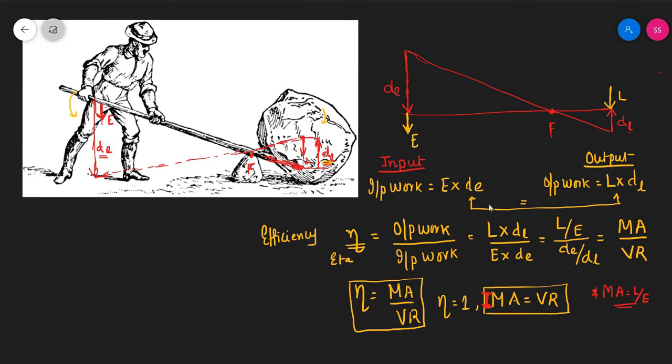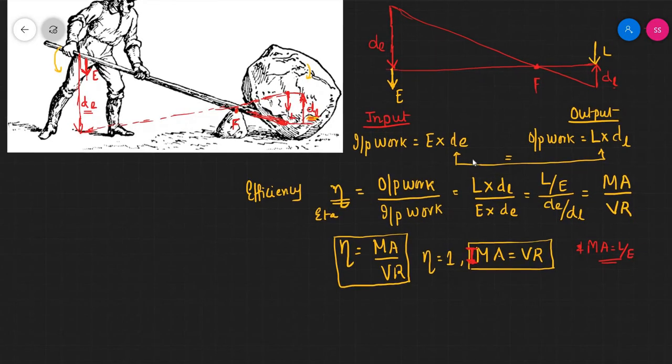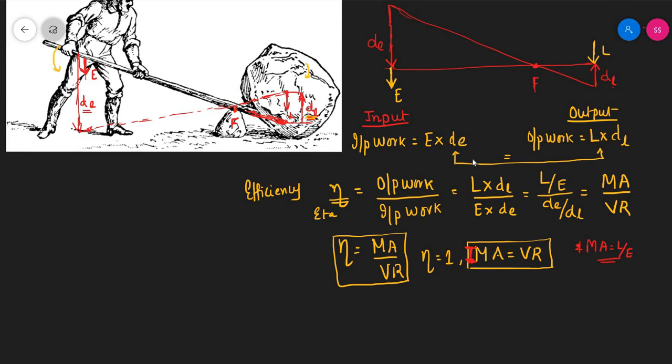Okay, so now let's use this whole idea to discuss a problem. Let's assume that your load is 100 kilogram force, and your dL is moved by 1 centimeter, and dE is moved by 10 centimeters.